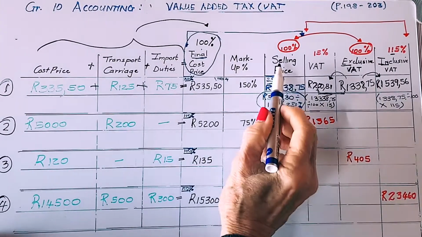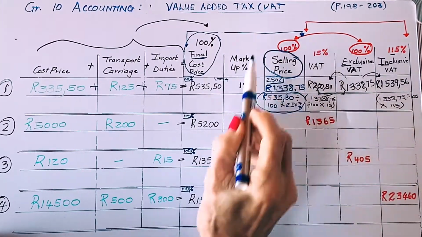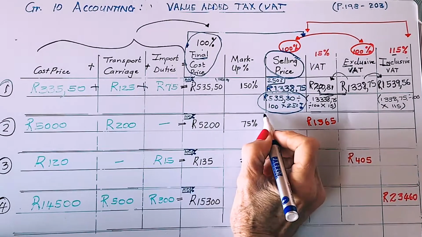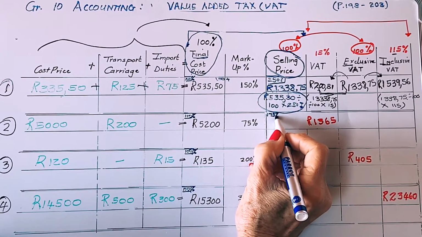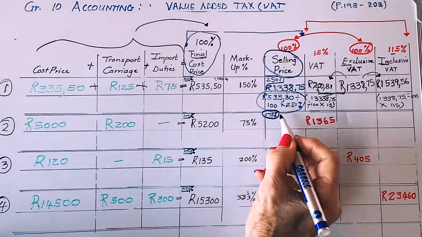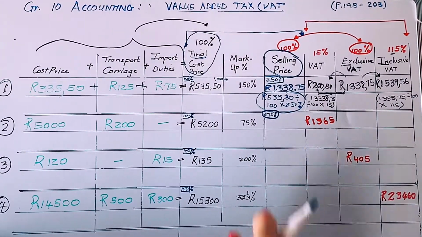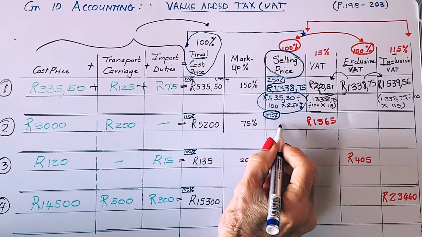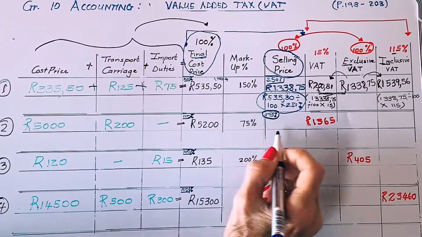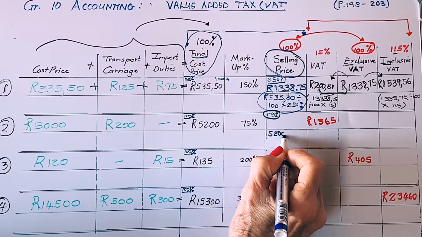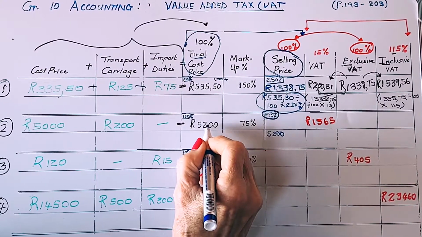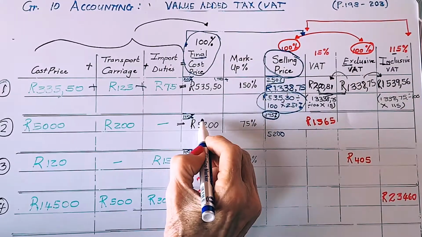So if I want to work out my selling price, I will now have to use the percentage identity of 175.